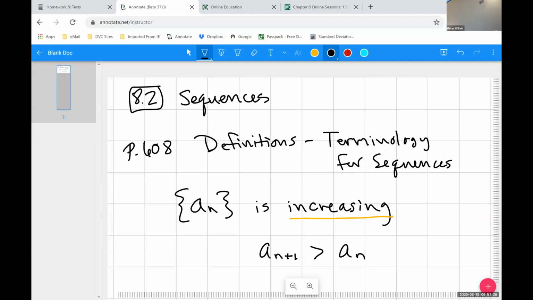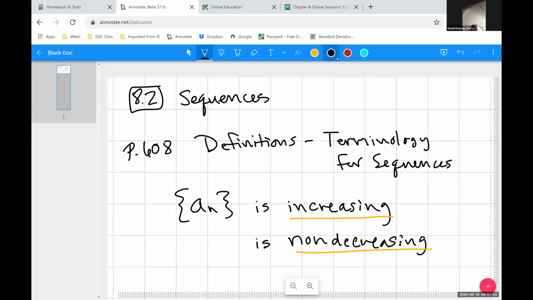Then we say that this is increasing. Now, a slightly different thing that we might see is if we say that a sub n is non-decreasing. So what would that mean?